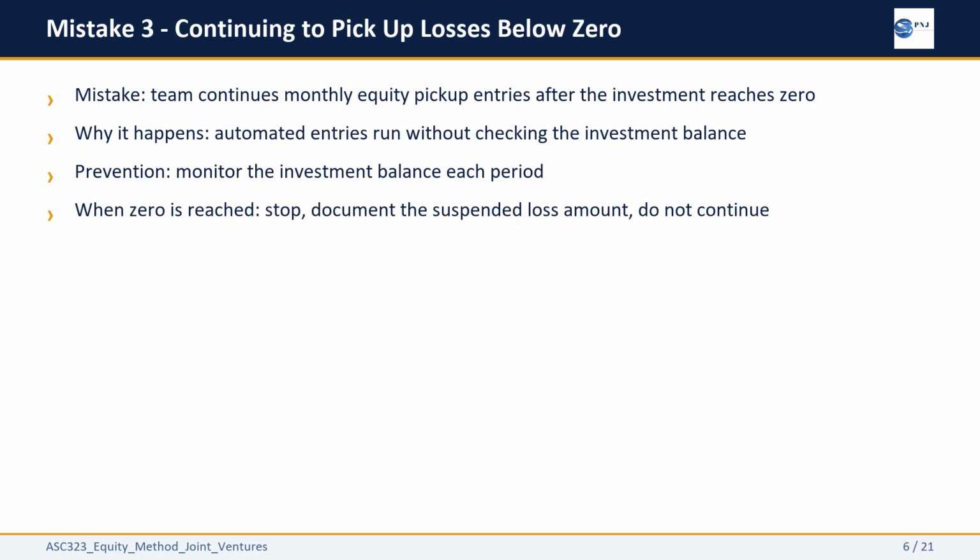Mistake 3 is continuing to pick up losses after the investment balance hits zero. Under the equity method, you generally cannot carry the investment below zero. You cannot recognize losses on behalf of someone else beyond your exposure. When the cumulative equity and losses bring the balance to zero, you stop. You do not reverse the entry, and you do not continue accruing negative balances.